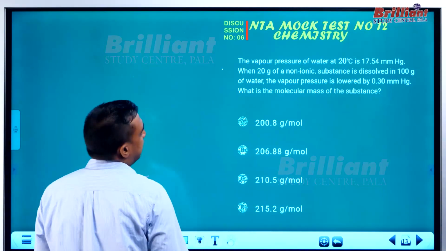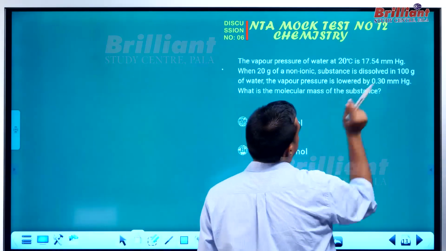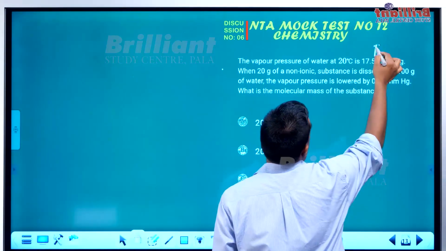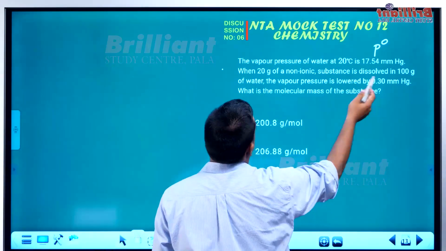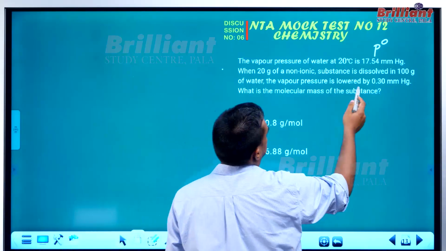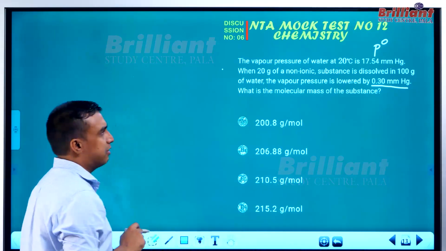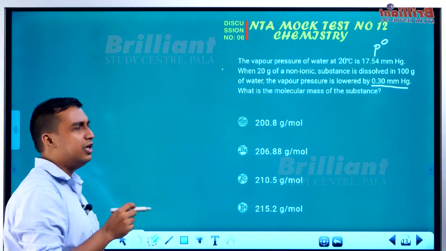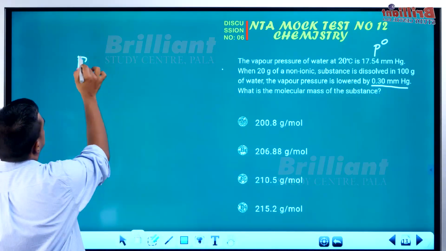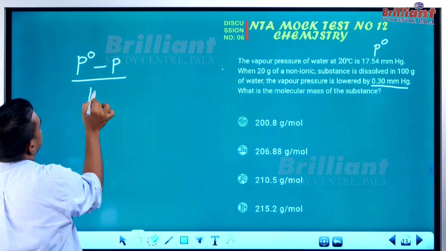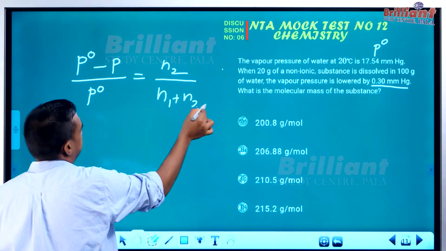The vapor pressure of water at 20 degrees Celsius is 17.54 millimeter mercury. So this is my P0. When 20 gram of a non-ionic substance is dissolved in 100 gram water, the vapor pressure is lowered by 0.30 millimeter mercury. What is the molecular mass of the substance? Solutions chapter, relative lowering of vapor pressure concept. I know that (P0 minus P) by P0 is equal to N2 by N1 plus N2.